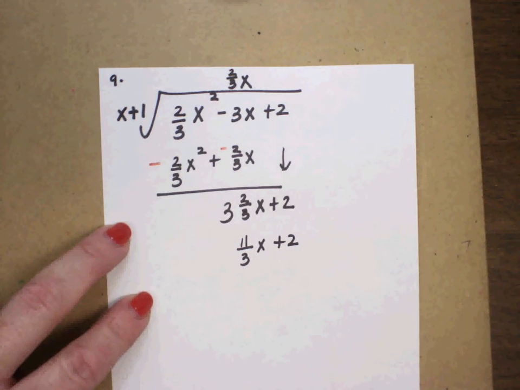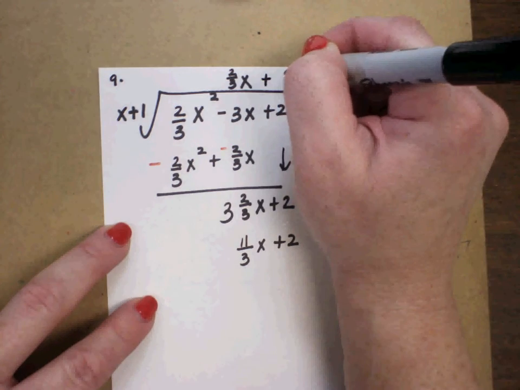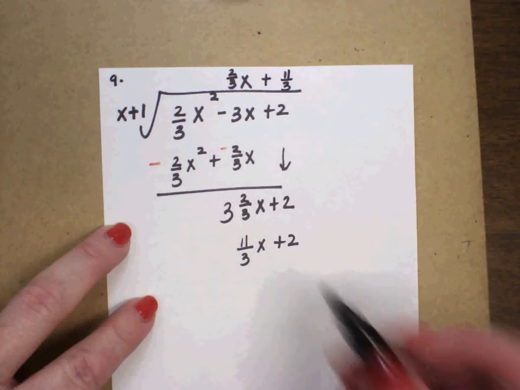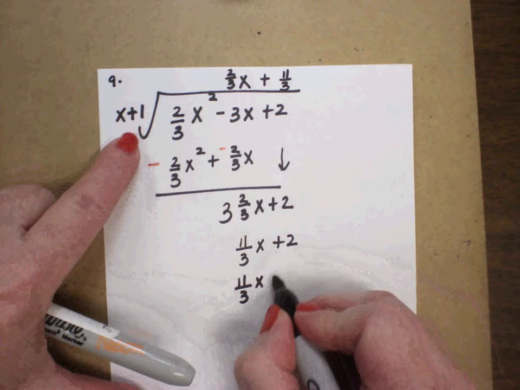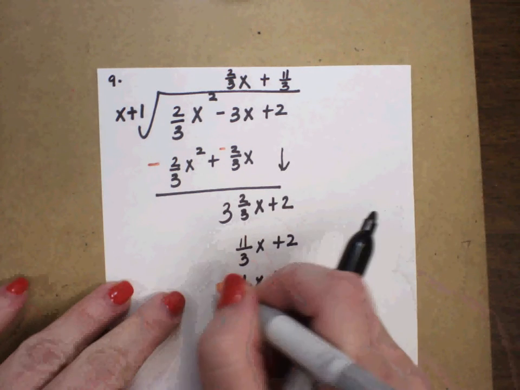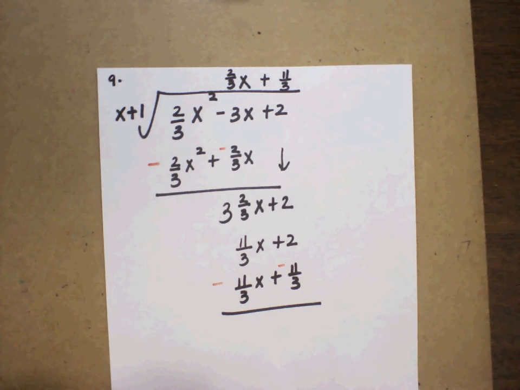Yes? With me? And then I'm going to have to multiply by 11/3, right? So this would be 11/3 x plus 11/3, minus minus. See, I would use the calculator now because I don't want to subtract those.